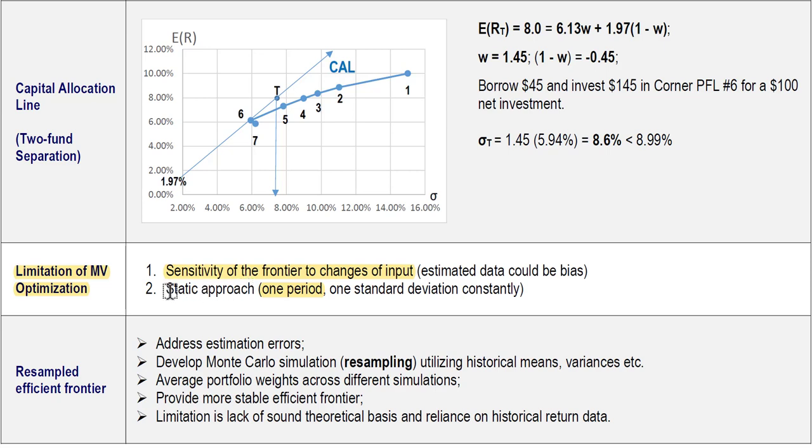So it is a static approach, ignoring the dynamic nature of the input parameters. Therefore, our result can be used only in a very stable period. If we are facing a very dynamic period or there's some dramatic change in the market condition, the model may not be accurate.